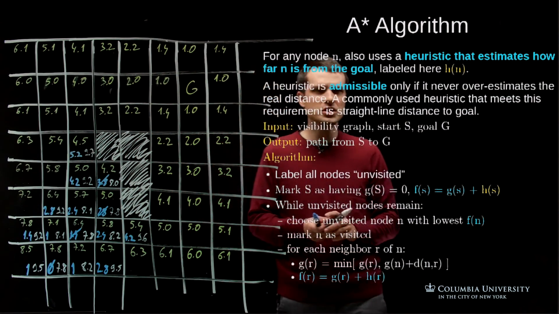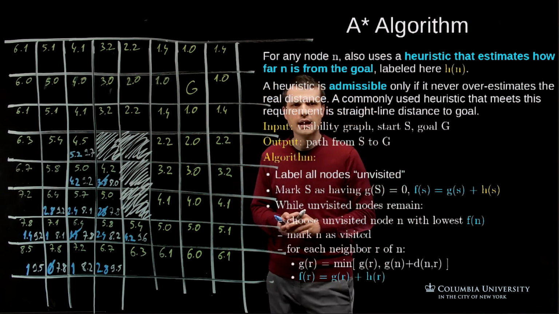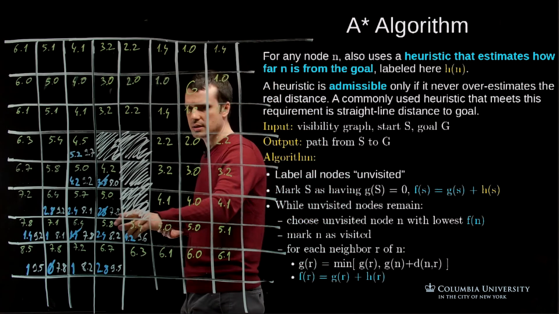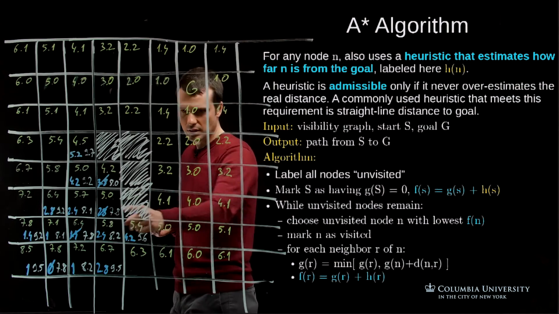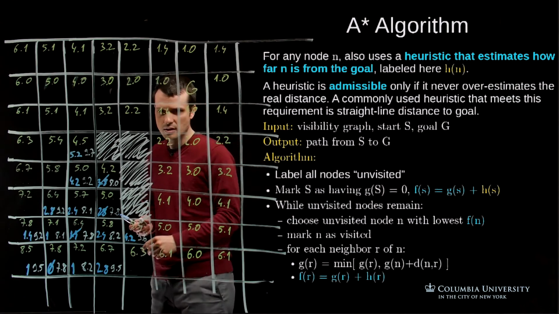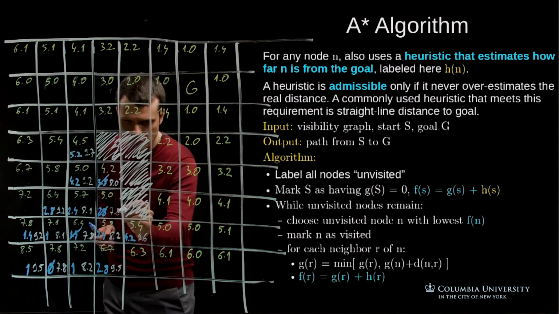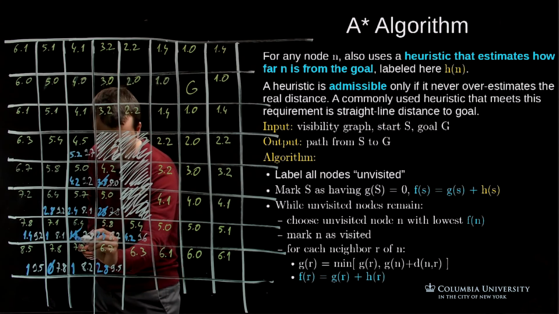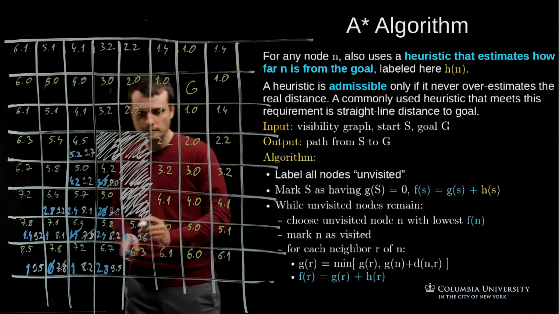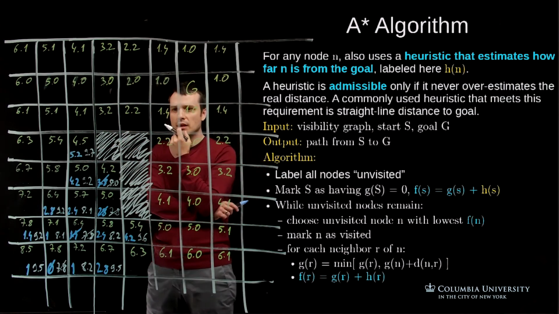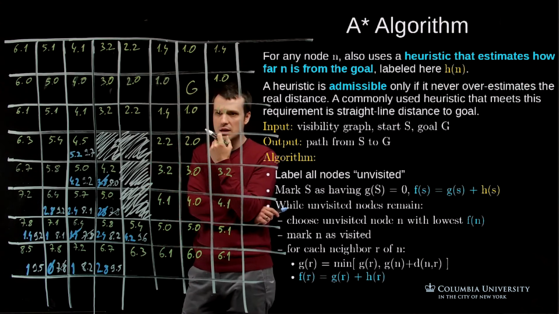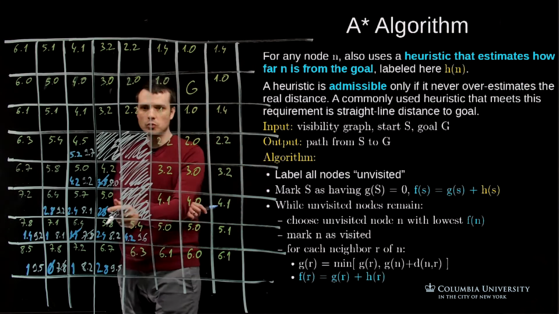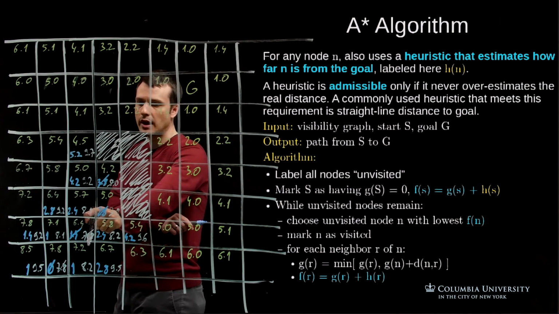What is the lowest white number that I have that's unvisited? This is already visited. I should probably cross off the ones that are visited as well, just to make it easier to see. So what's the lowest number that's white that's unvisited? It turns out it's an 8.1, and it's right here.